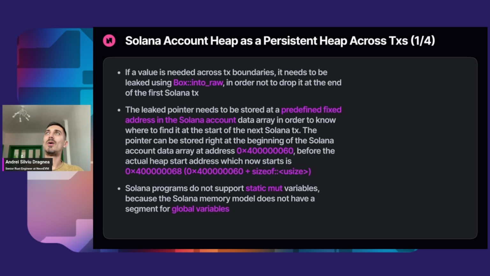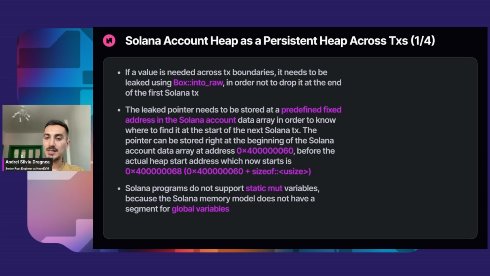How do you know on the next Solana transaction where the initial box allocation was done on the heap? Basically, you had a pointer on the heap that you lost because the first transaction finished, and you need to find it again on the next transaction. The solution is to store it at a predefined fixed address in the Solana account data array, in order to know where to find it at the start of the next Solana transaction.